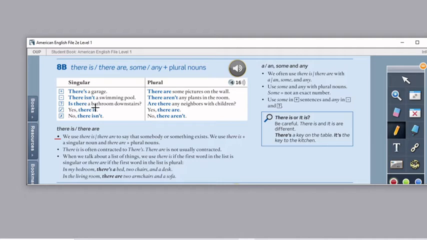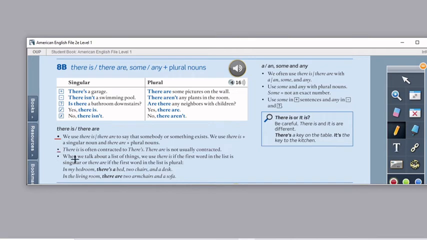But in Spanish we say hay un garage, hay varios retratos. So in Spanish we use hay, no hay, or sí hay, no hay. But in English we have one form for the singular and another form for the plural.